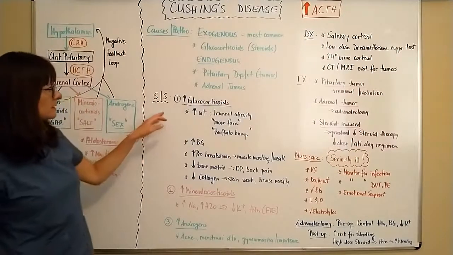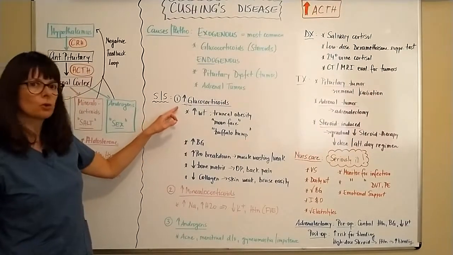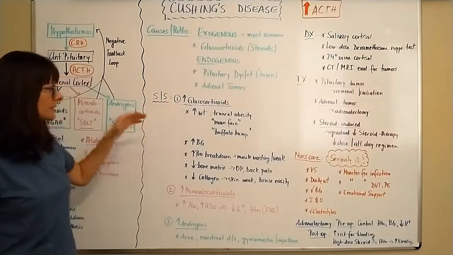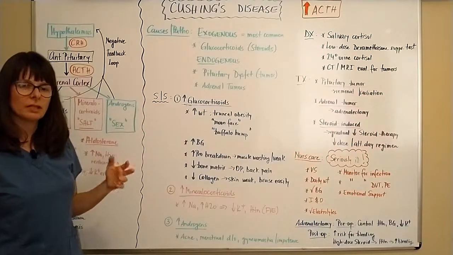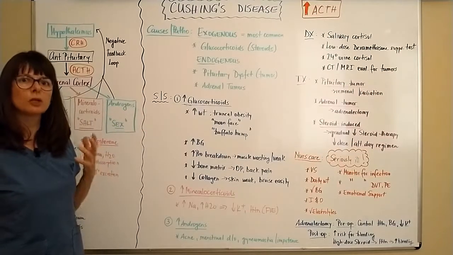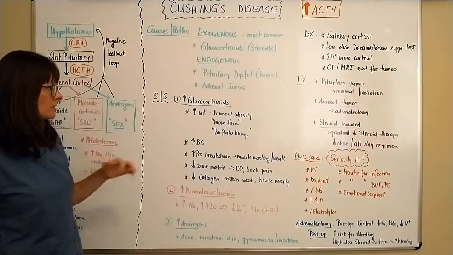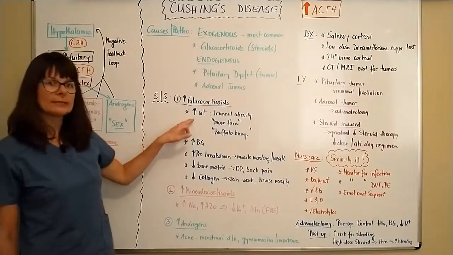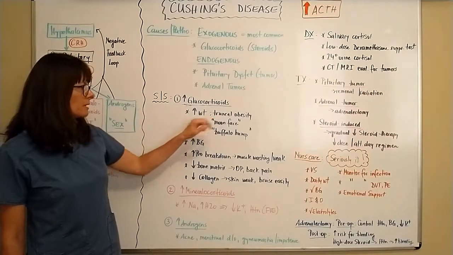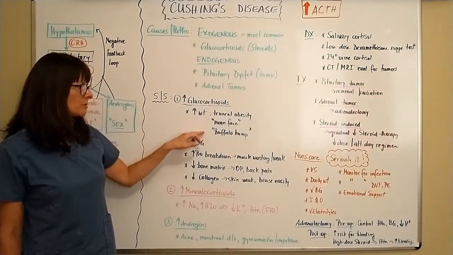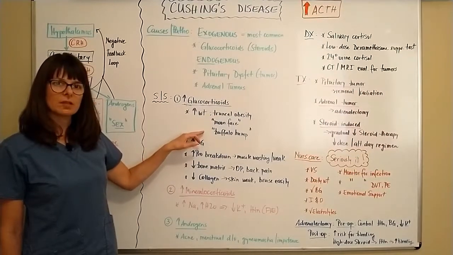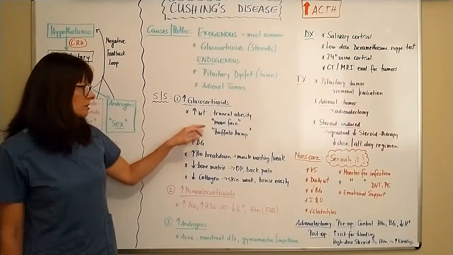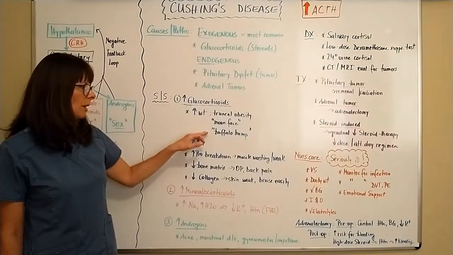So let's look at signs and symptoms. Looking at glucocorticoids, knowing that this is cortisol that we're dealing with, and increased levels of blood sugar. The patient will have some weight gain, they'll have truncal obesity, and then these two terms that we lots of times hear with Cushing's disease, which is moon face and buffalo hump.